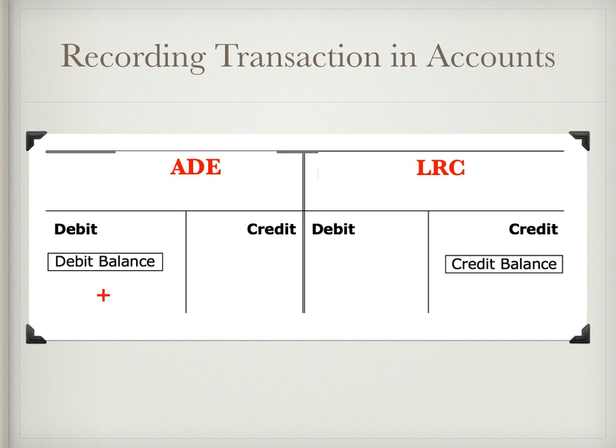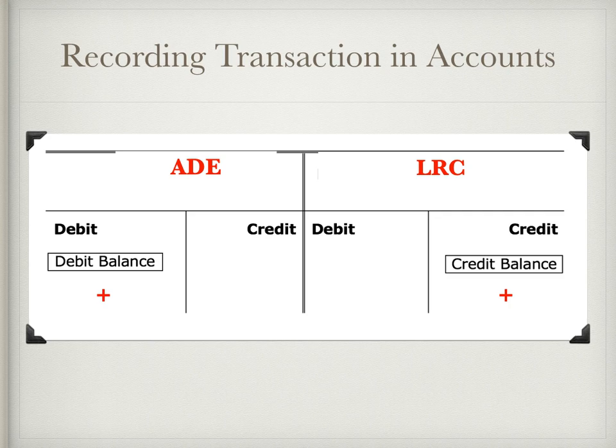So for AID accounts, our opening balance is recorded on the debit side, and that's also the side on which we will show increases for AID accounts. So assets, drawings and expenses will increase on the debit side, which means that they will decrease on the credit. Then our LIRC accounts are the opposite.